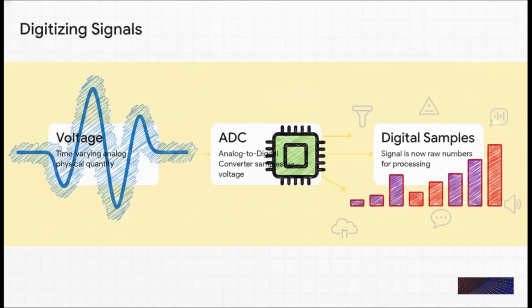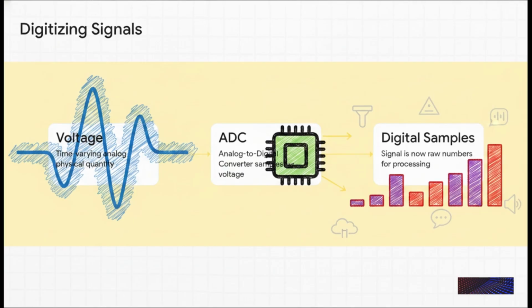All right, so let's break down exactly how these physical waves actually cross over into the computer domain, because this is absolutely crucial. It happens in three distinct steps. Step one, you start with your physical quantity, that analog voltage we just talked about. Step two, you run that voltage straight through an analog to digital converter, or ADC. This little device essentially takes snapshots, sampling the voltage at fixed intervals of time.